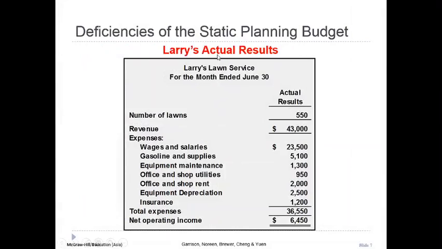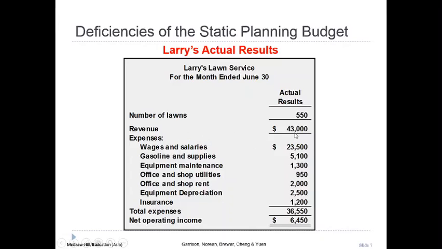So this is Larry's actual result. In the end, on June 30th, Larry managed to exceed the number of lawns that he had targeted before. He had targeted 500 lawns. However, at the end of the month, he managed to mow 550 lawns, which is 50 lawns extra from what he targeted.